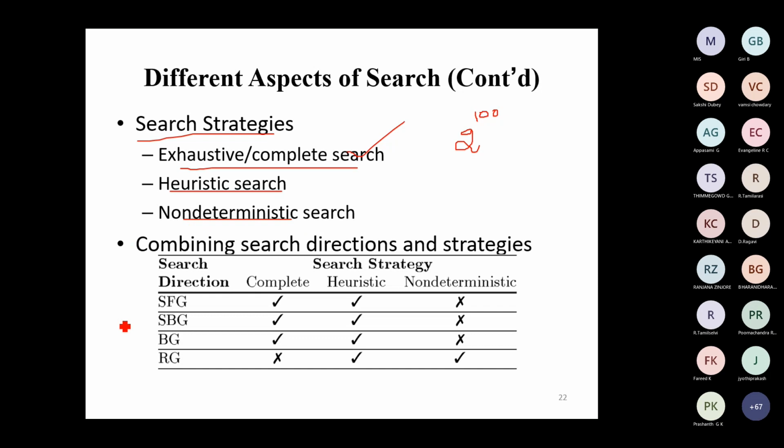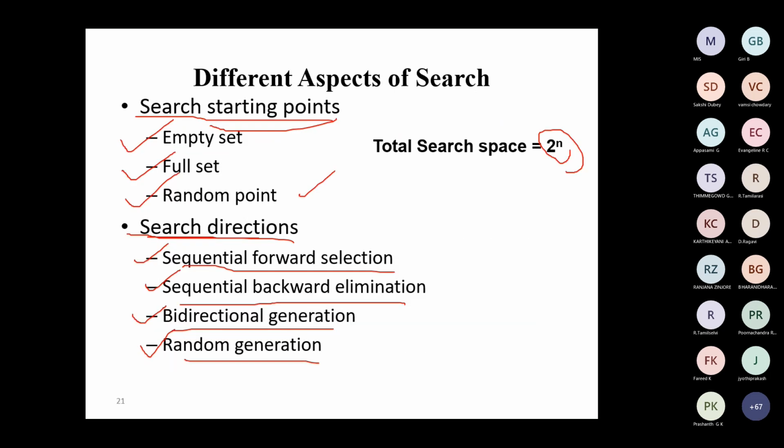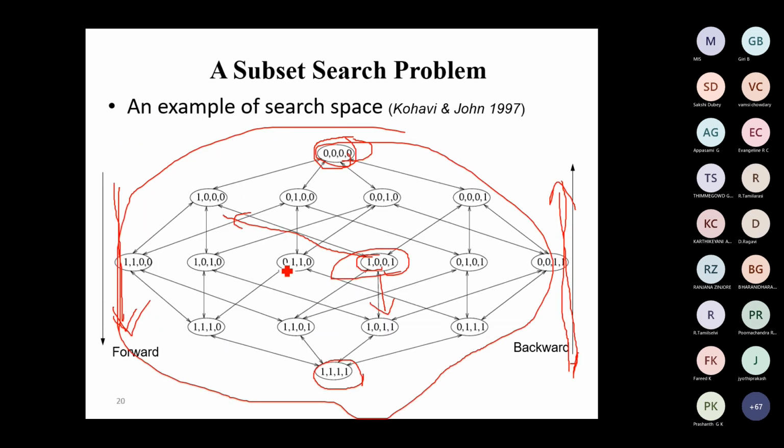Non-deterministic search techniques are applied for bidirectional generation and random generation methods. Here we start with some random point and we can go up and down, that is random bidirectional generation.